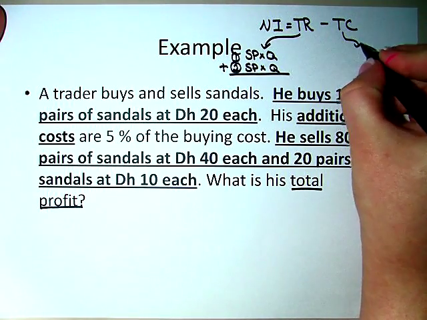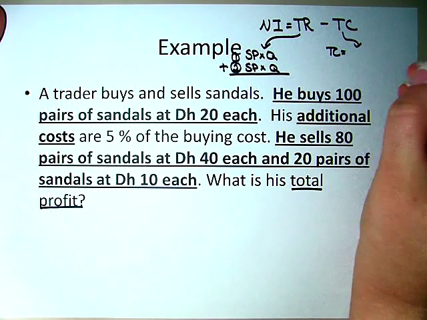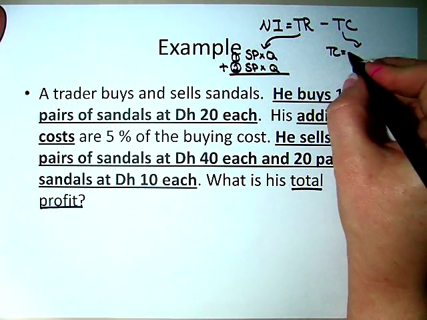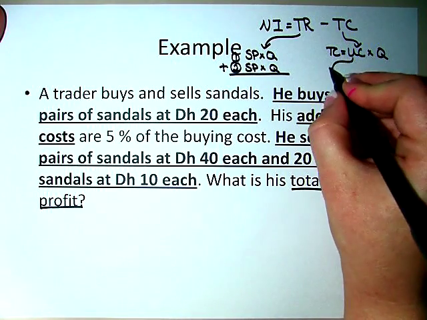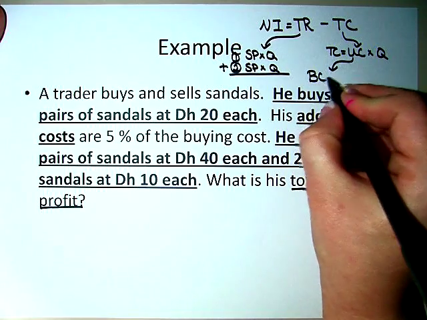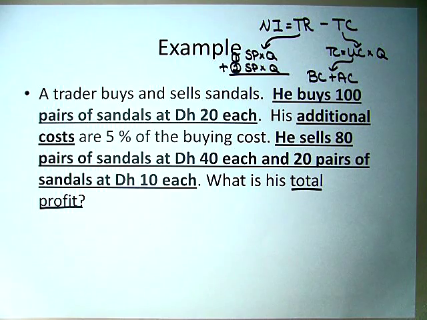Just like before, the total cost is what? The unit cost times the quantity, and our unit cost is the buying cost plus the additional cost. So let's start by breaking it down.